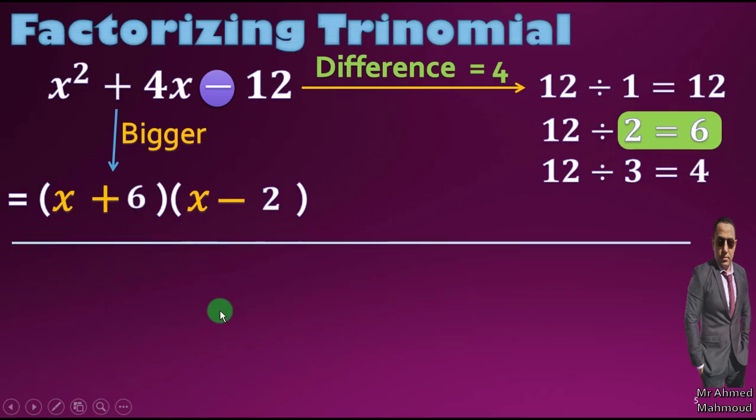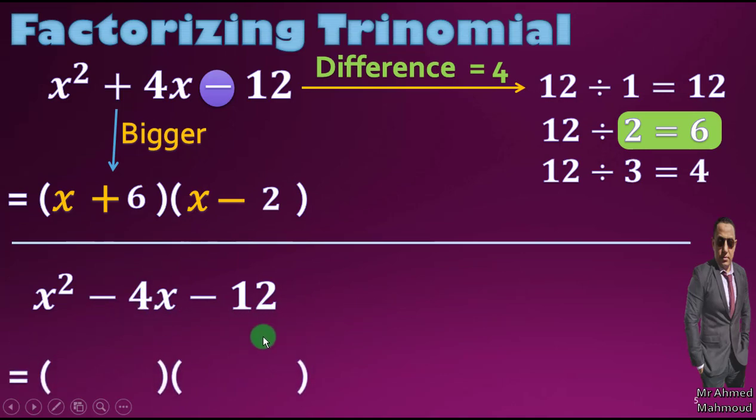Another example. x power of 2 minus 4x minus 12. I'm going to open two brackets, x and x. The sign here is negative, so I'm going to write two different signs, negative and positive, or positive and negative. It's up to you. I'm going to write positive and negative. Factorize the 12: 1 times 12, 2 times 6, 3 times 4.